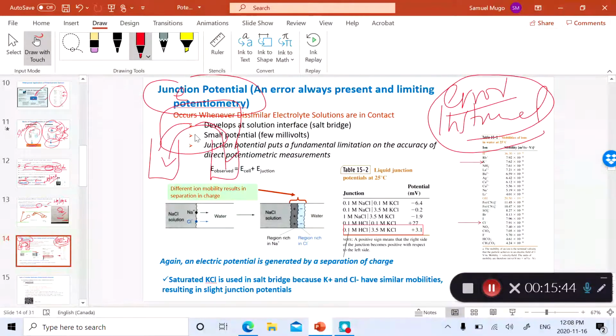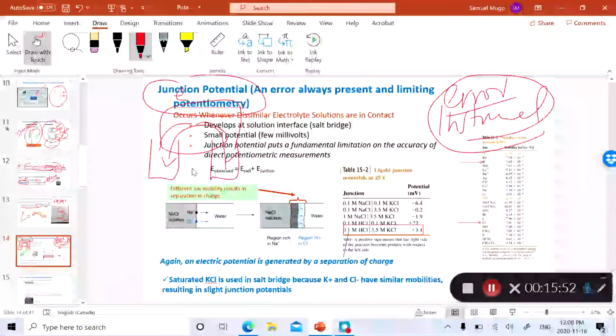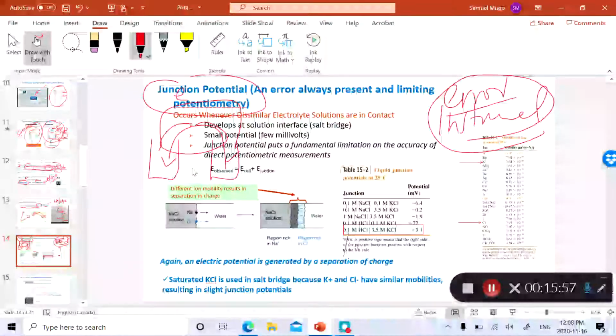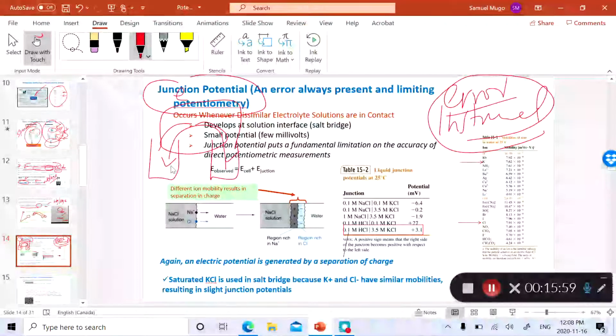So how is that potential generated? Remember, the salt bridge helps in the conduction of ions from one half cell to the other. With that conduction, every ion has a certain weight, but each ion also has a certain charge.